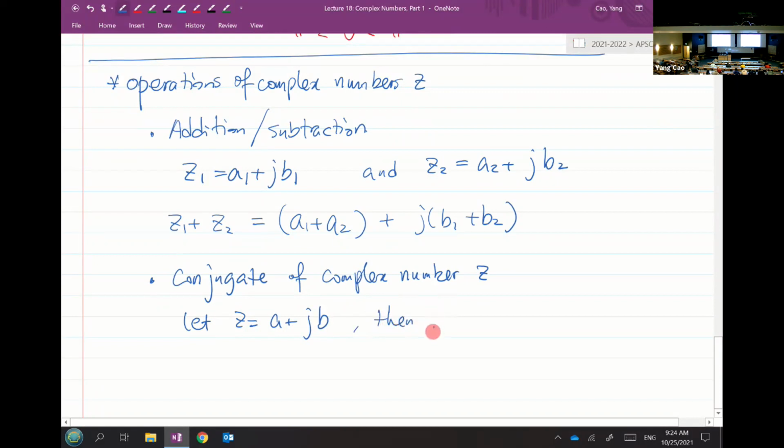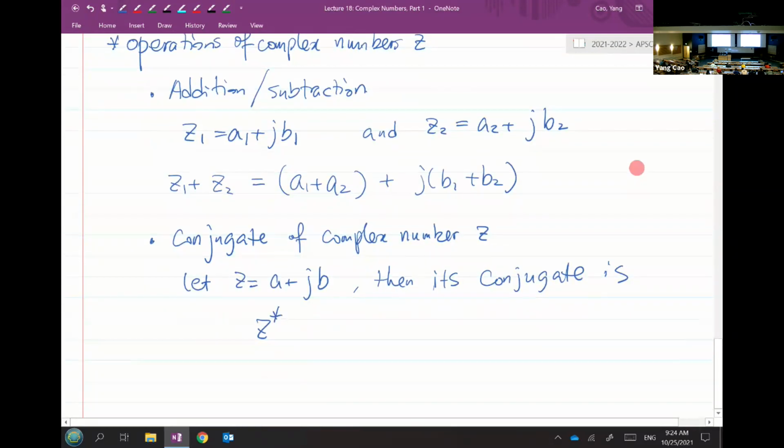Its conjugate, we use z star, a superscript star, to represent the conjugate of the complex number Z. In some literature, they also use Z with a bar on top.